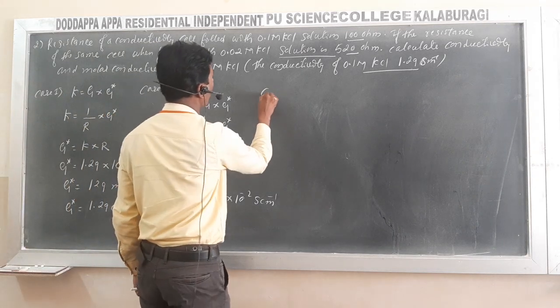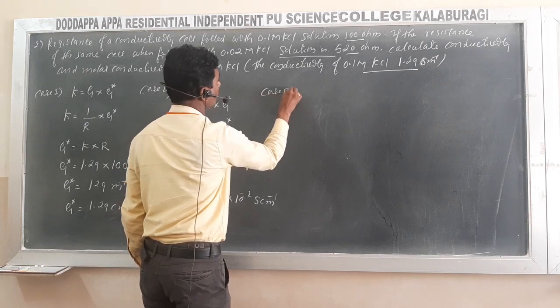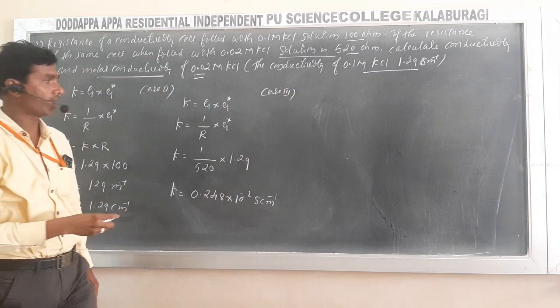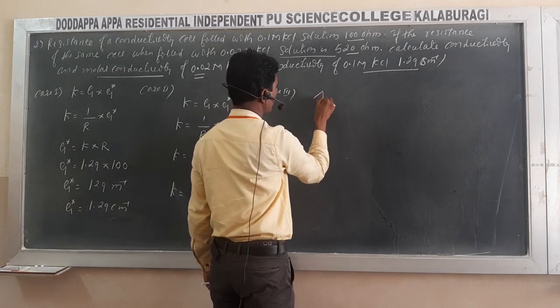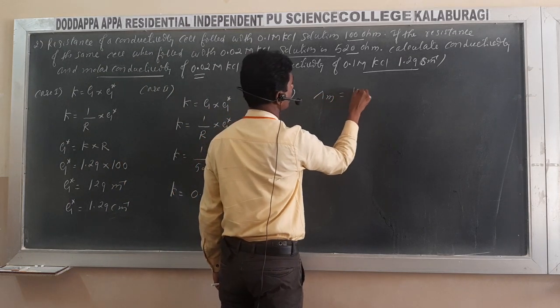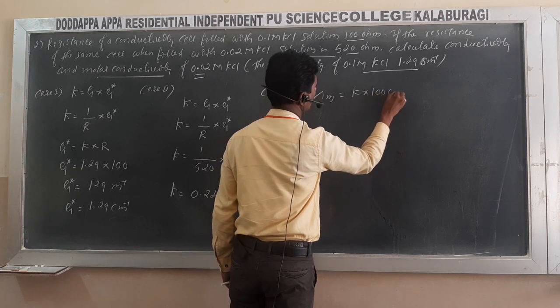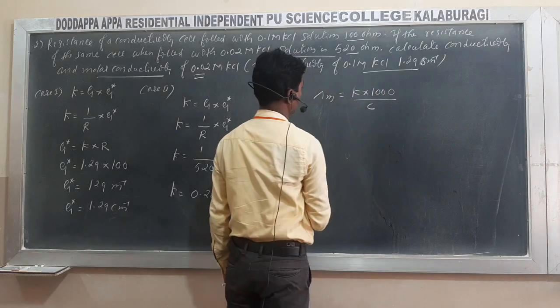Then you go for the third case. Now the conductivity is done, and you have to find out the molar conductivity. Molar conductivity is equal to conductivity into 1000 divided by concentration.